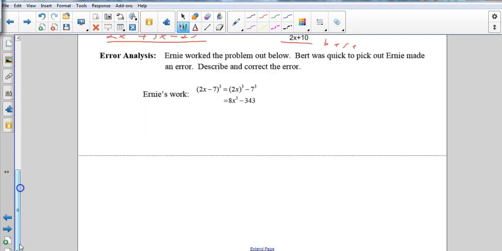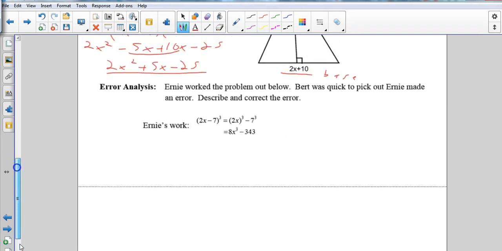Last but not least, error analysis. Ernie worked the problem out below. Bert was quick to point out Ernie made an error. Describe and correct the error. Well, this is a very common error I see a lot of. It's just sending this 3 into each of the terms.